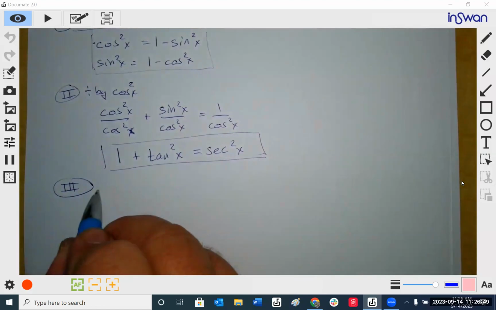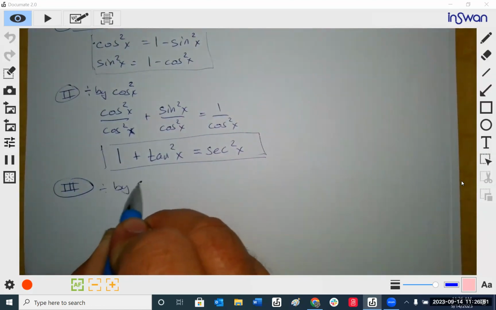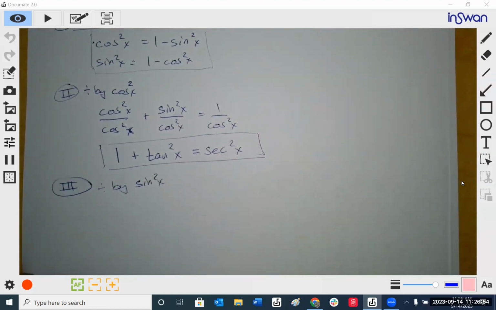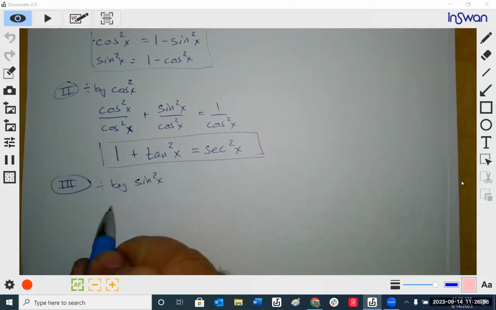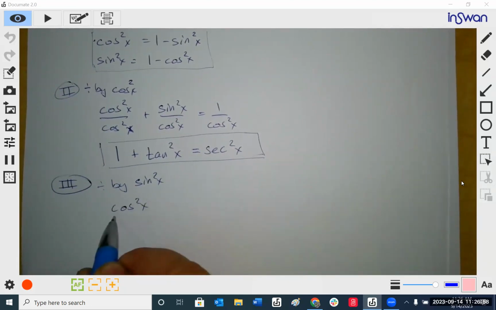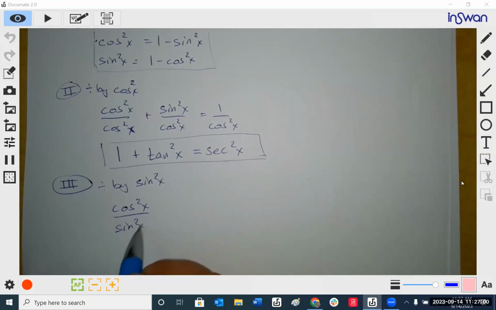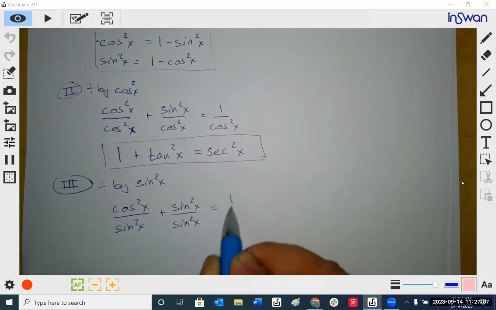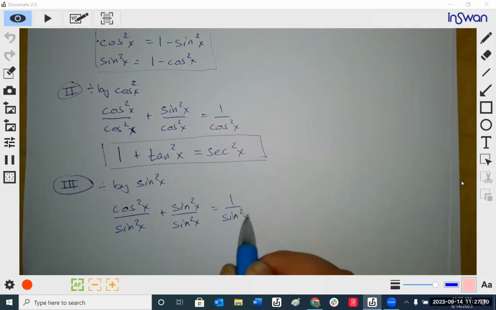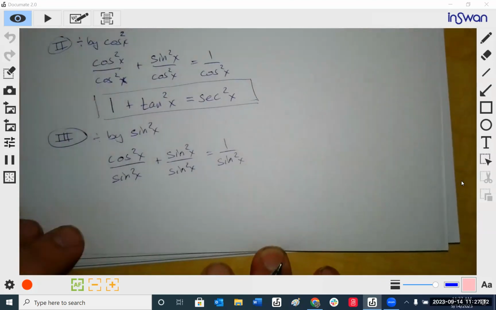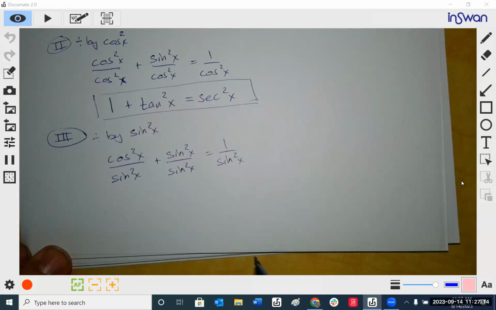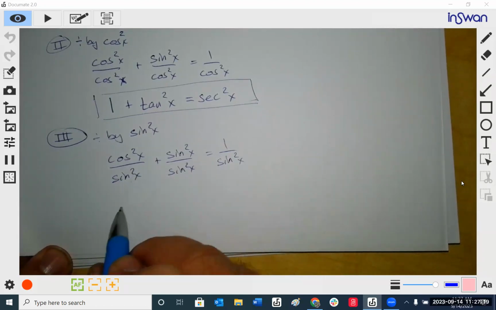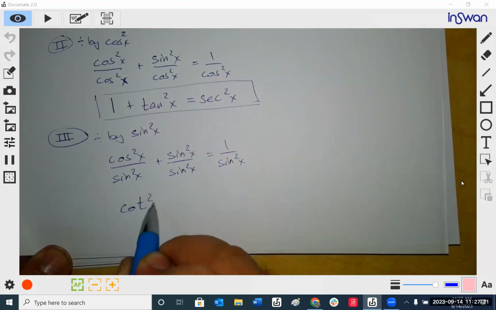What if we took the original one and divided by sine squared x? So we have cosine squared x divided by sine squared x plus sine squared x over sine squared x equals 1 over sine squared x. Cosine over sine is cotangent squared.